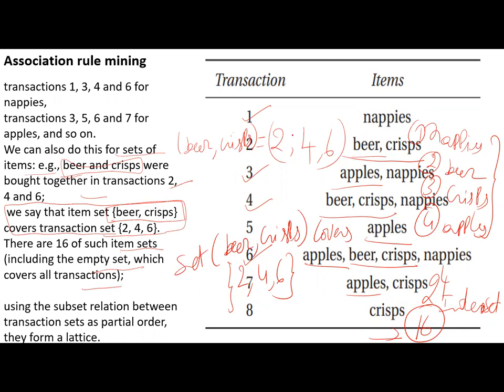Normally you can write 0000, 0001, and so on. If there is a 1, you write the corresponding item. If there is a 0, don't write. In that case, 0000 is called the empty set. 0001 has only nappies. 0010, say this is beer. 0011, we can say this is nappies, beer.